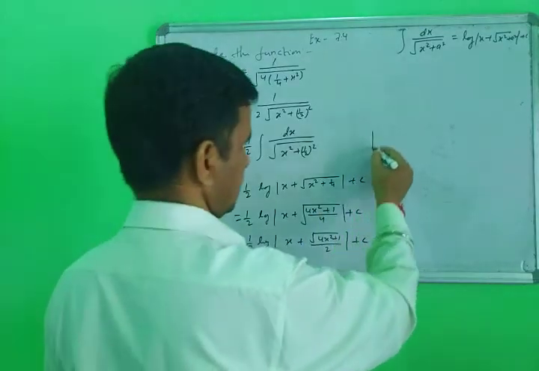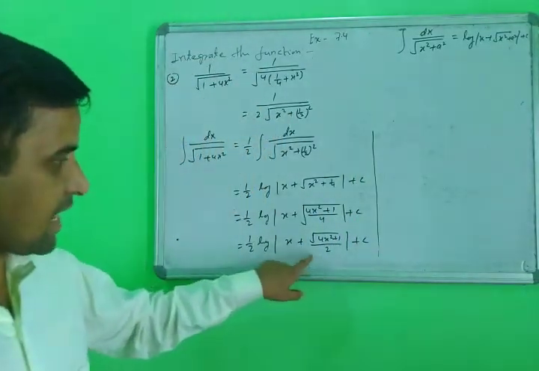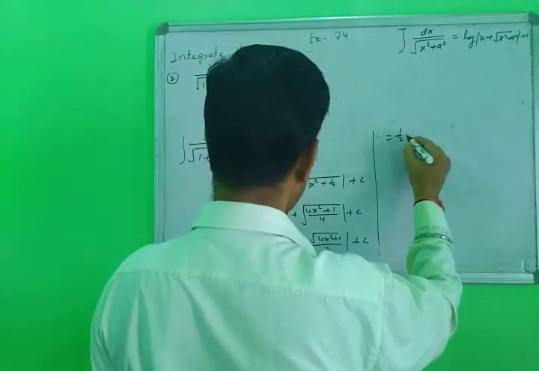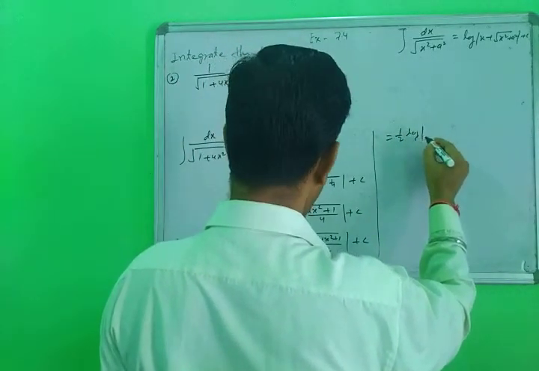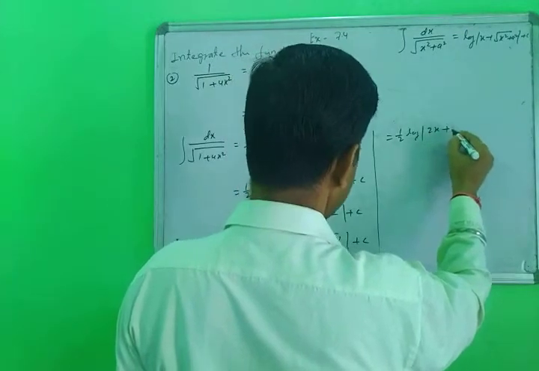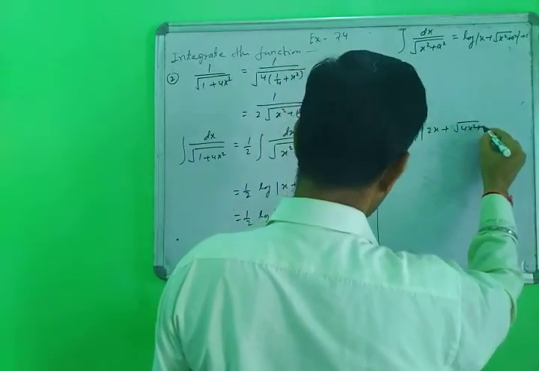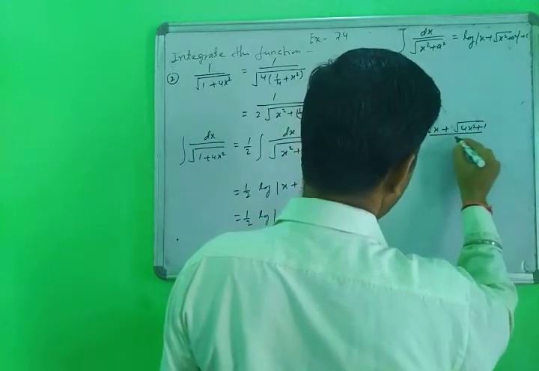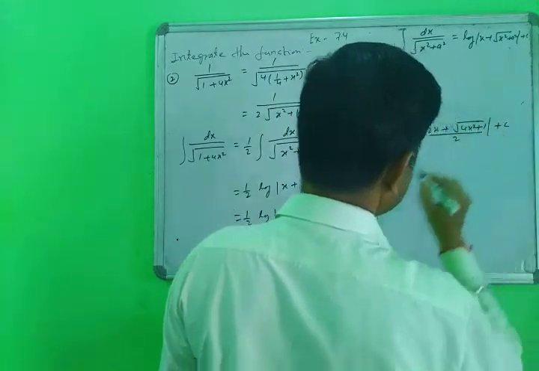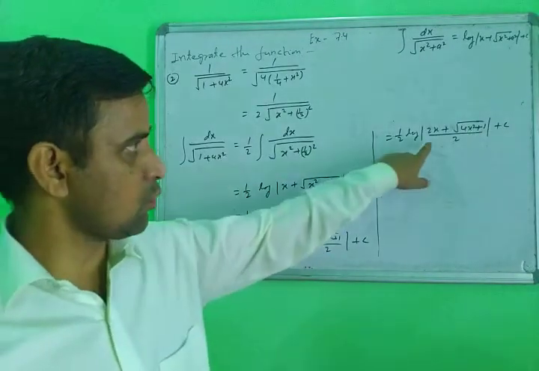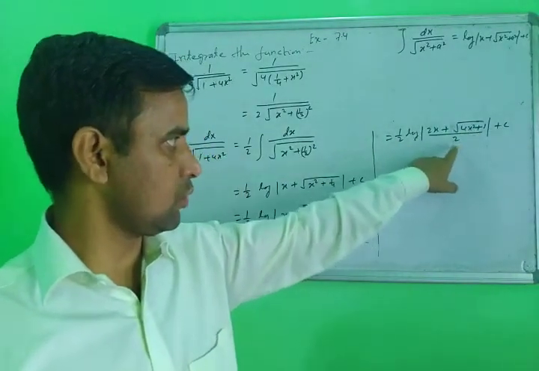After that, you take LCM here: 1 by 2 log of 2x plus root 4x square plus 1, whole upon 2, plus c.